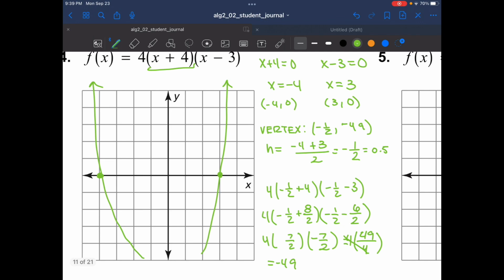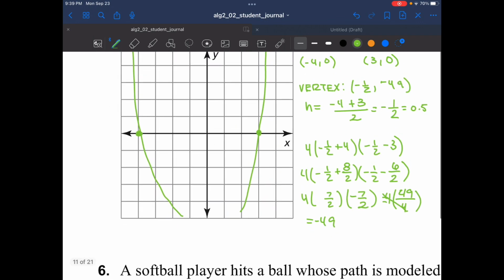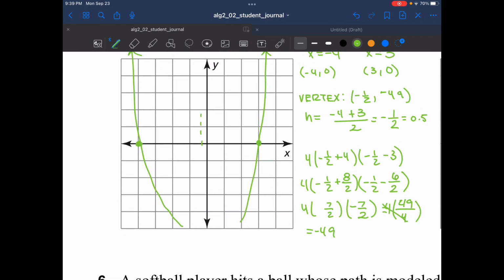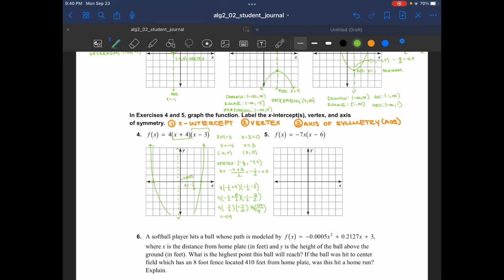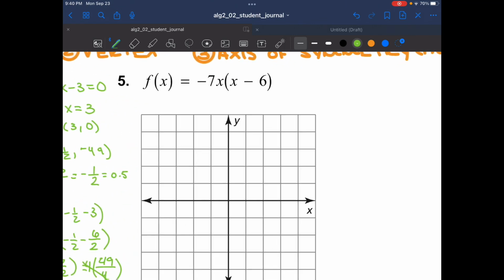Okay? My axis of symmetry is going to be over here at negative 1/2. So this is my AOS at x equals negative 1/2. Okay, let's go ahead and move on to this one.